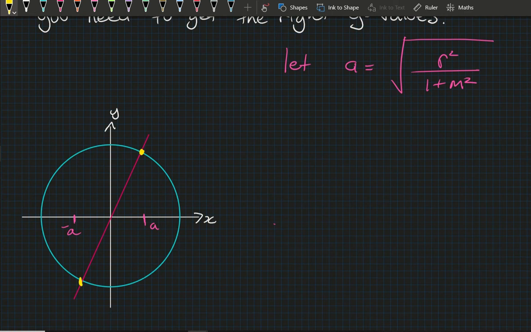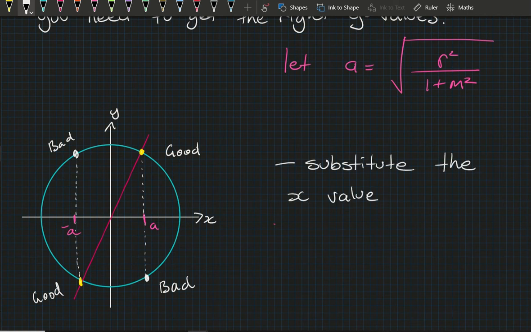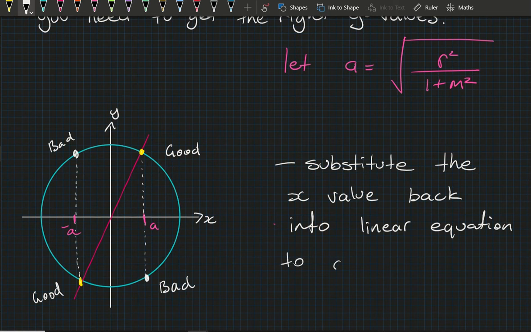For this a here, we have the two y values, and clearly this is good and this is bad. Similarly for negative a, we've got the two possible y values, with this one being bad and this one being good. So obviously, you need to substitute your x values into the linear equation to get the right y value.